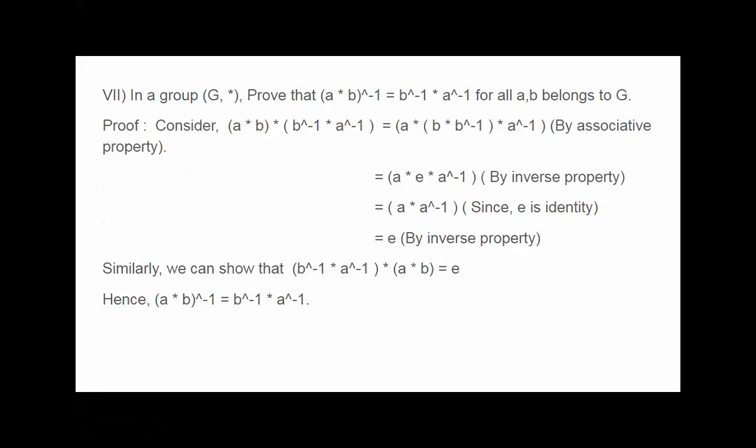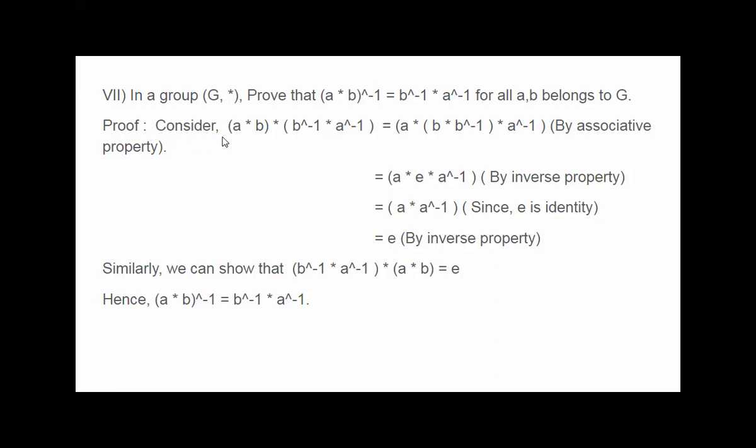Then the next theorem is, in a group G star, prove that (A star B) inverse is equal to B inverse star A inverse for all A, B belonging to G. What we have to prove is (A star B) inverse is equal to B inverse star A inverse.